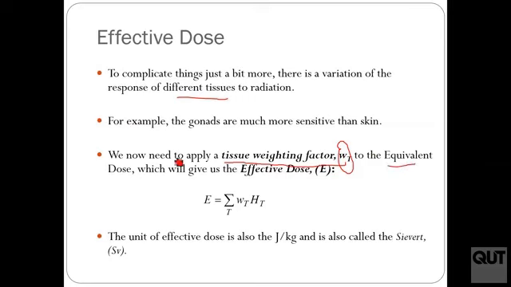So you apply this to the equivalent dose, not the absorbed dose, and that will give us what's called the effective dose, given by the letter E. So the effective dose is the equivalent dose multiplied by the weighting factor for the tissue that the equivalent dose is incident on. And then if you have multiple tissues, you have to sum up the different tissues. The unit for effective dose is also the joules per kilogram, and it's also the sievert, which can be confusing.